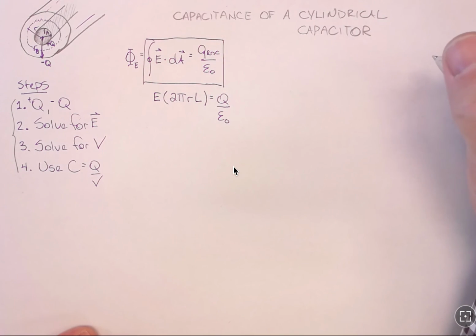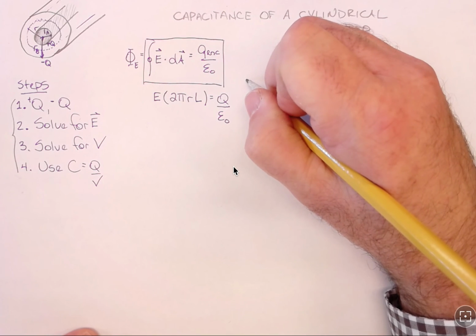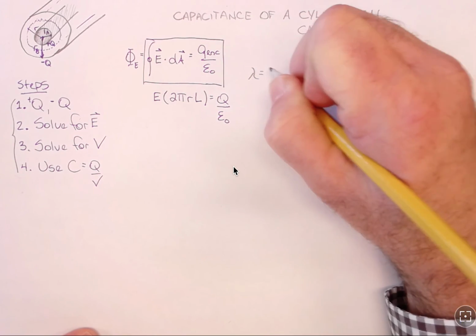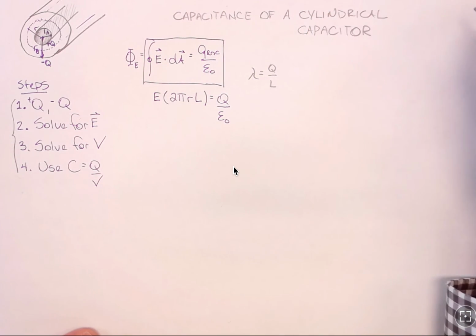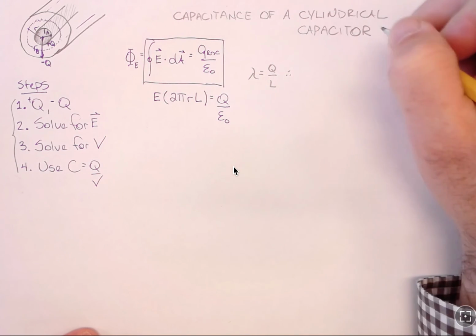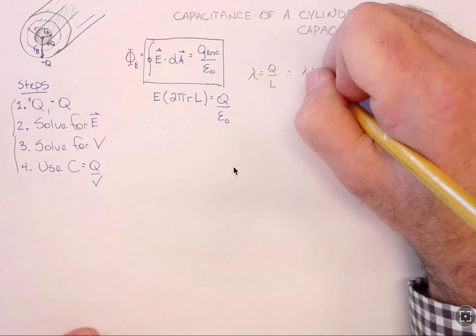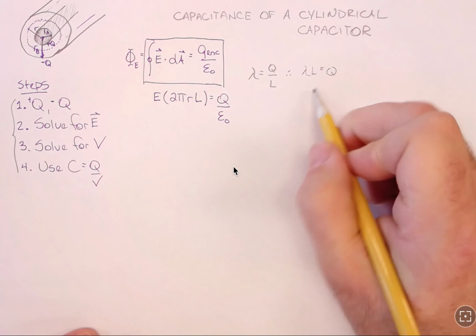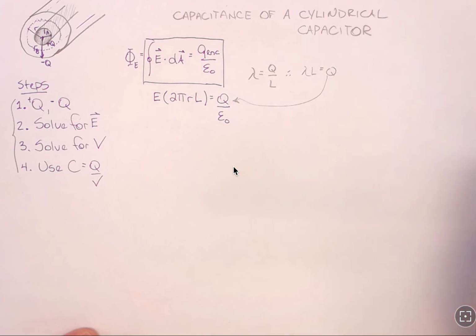Now I can solve this for E. I am going to make a substitution. I am going to say that the cylinder has a linear charge density lambda of Q over L. So a certain amount of charge per unit length, and therefore I can say lambda times L is equal to Q, and that's going to get substituted here into the numerator of my expression.